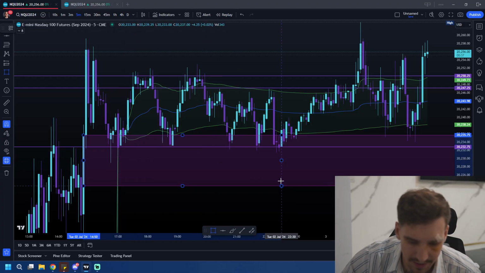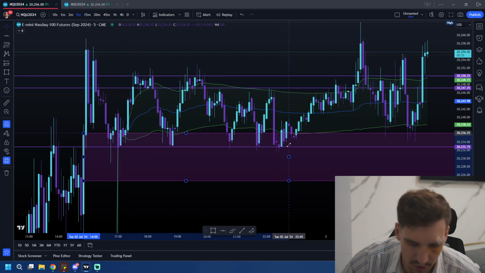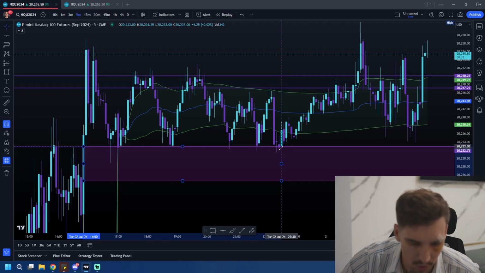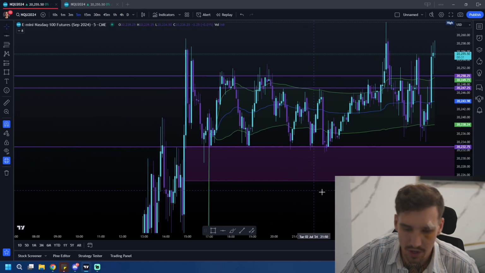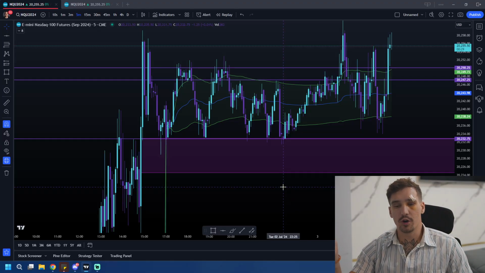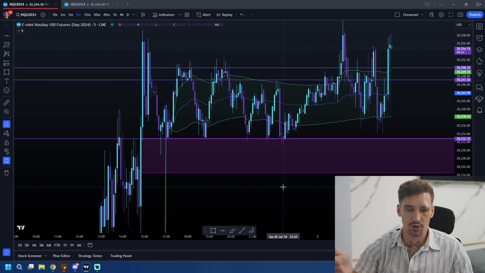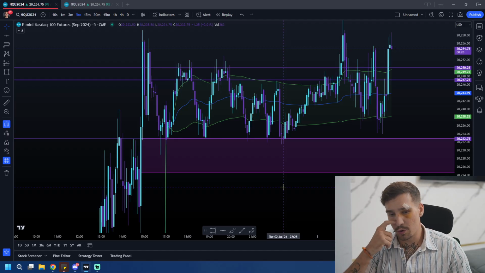So we've seen that this is a massive zone right here that it loves to tap into, which, even if we don't have some way of looking at liquidity, we could assume that there is liquidity always sitting in that zone. So patience pays.